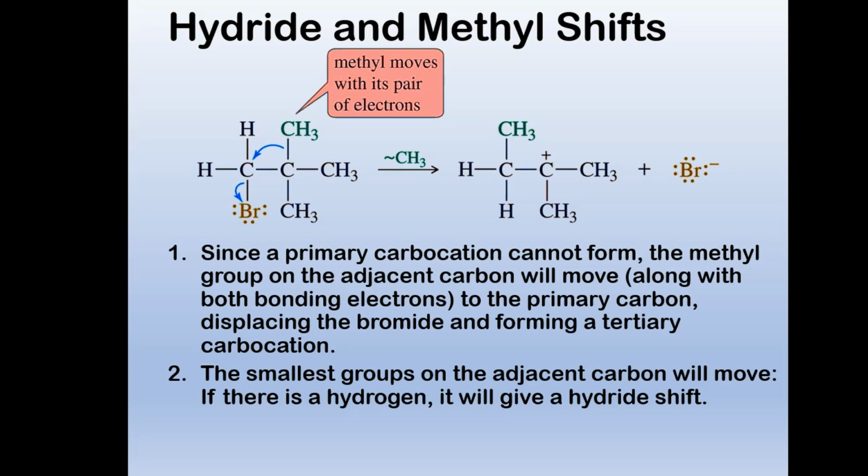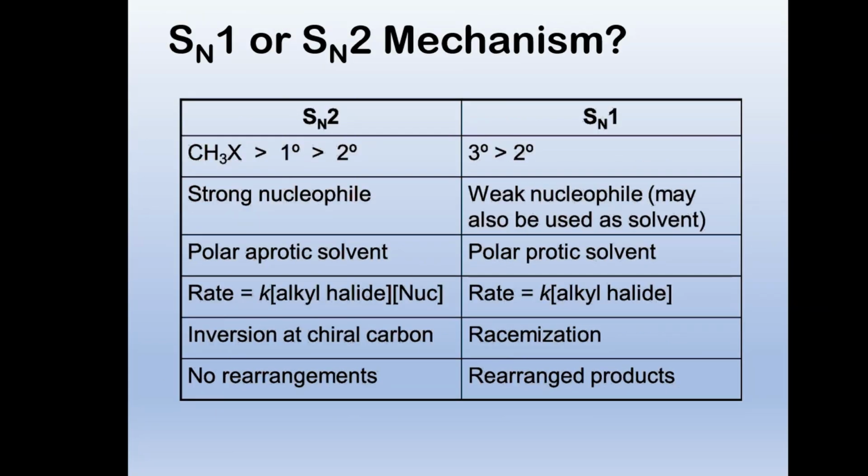So how do we predict whether it's going to be unimolecular or bimolecular? That's what the 1 and 2 mean, right? What does the S and the N mean? Right, nucleophilic substitution. So here we see the best thing for an SN2 reaction is a methyl halide, followed by primary, and then secondary.